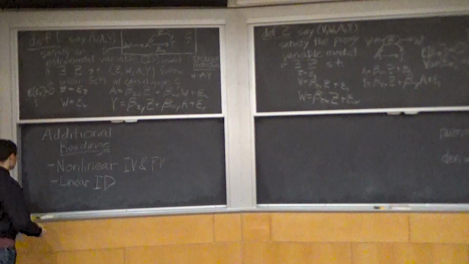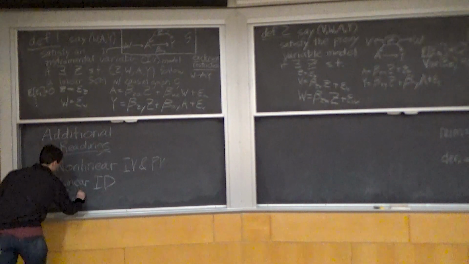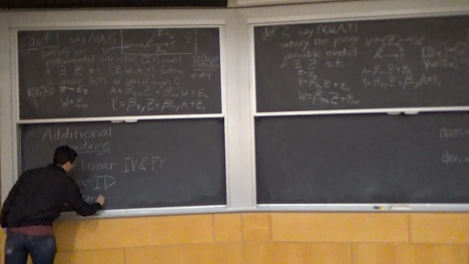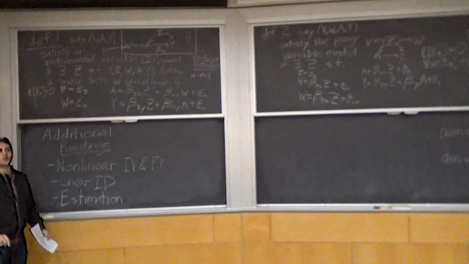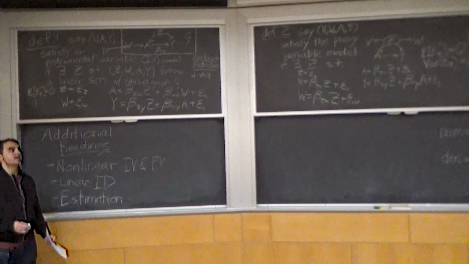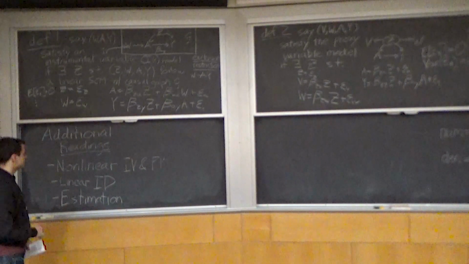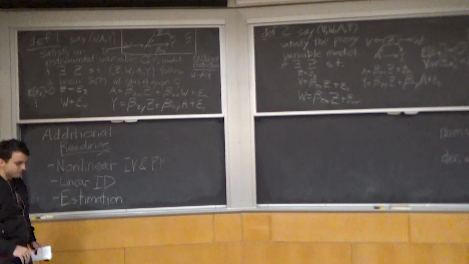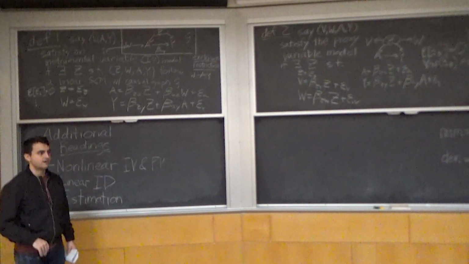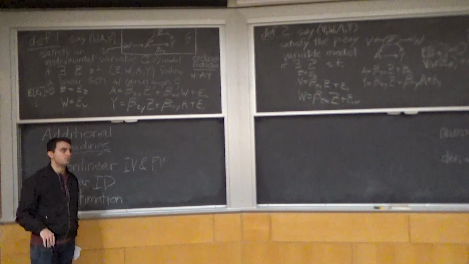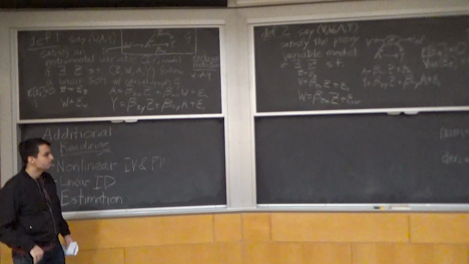And finally, a big piece of the literature that I unfortunately had to skip is more of the statistical side of the policy evaluation questions that we've addressed here. So we've talked about identifiability, which is a question of what you can do when you have an infinite amount of data, when you have access to the true data generating distribution.